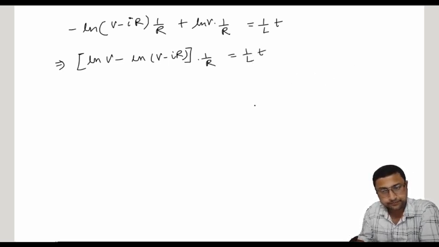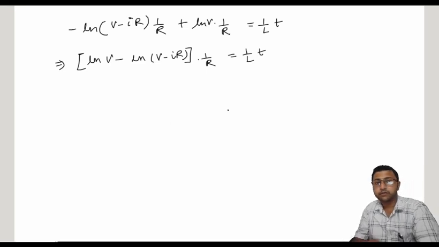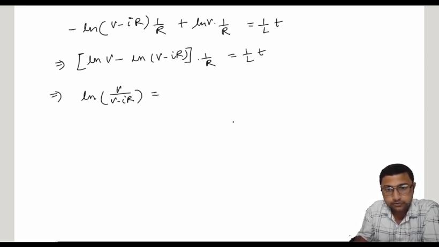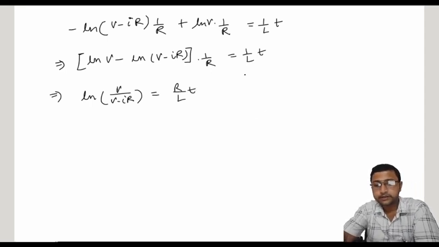Next, the property of logarithm, log a minus log b, is equal to log of a by b. So we can write ln V by (V minus iR), and that is equal to R by L into t. Up to this I think it is clear.